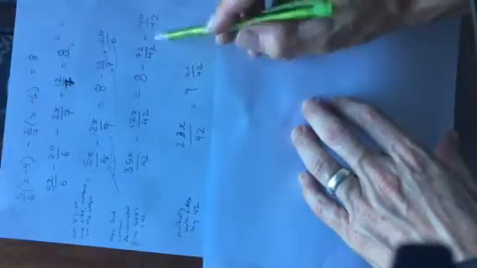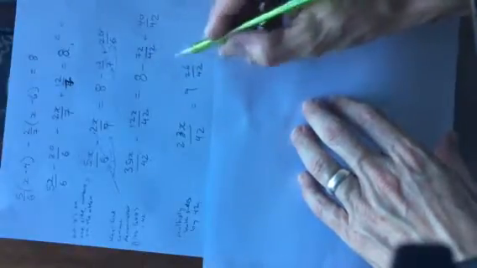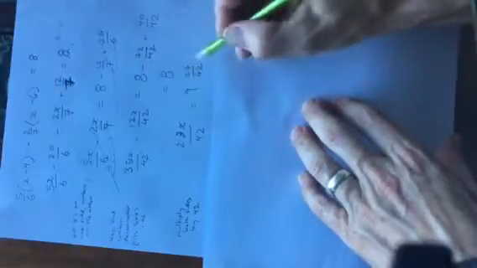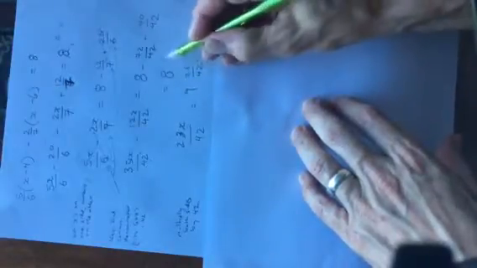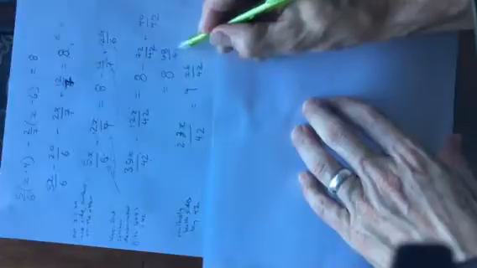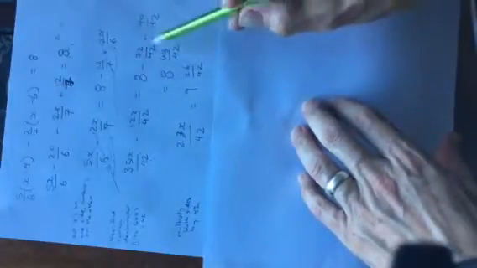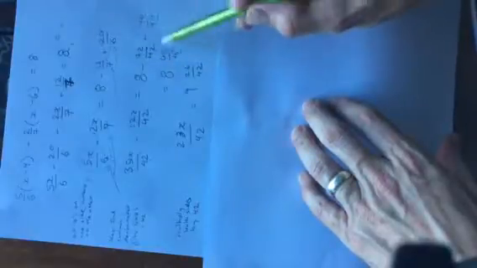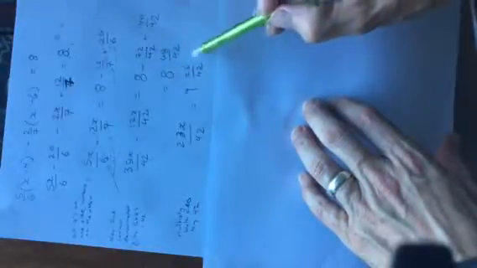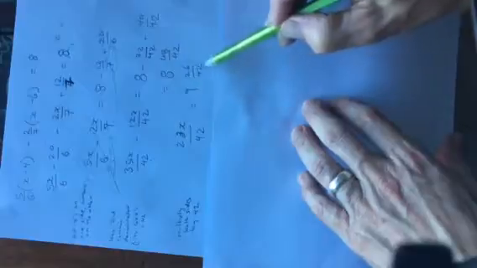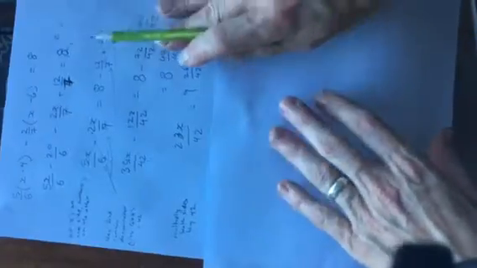This is 42. So if you took these numbers, minus 72 plus 140, you end up with 68 over 42, which simplifies to 34 over 21.